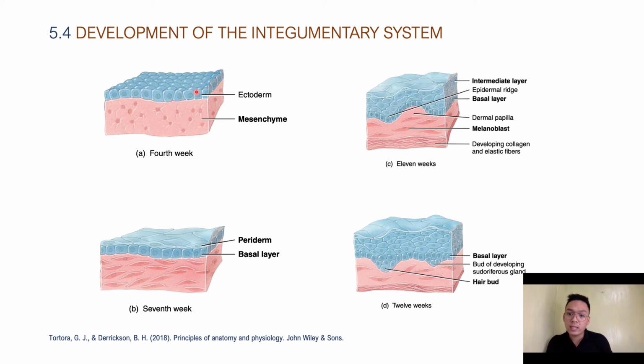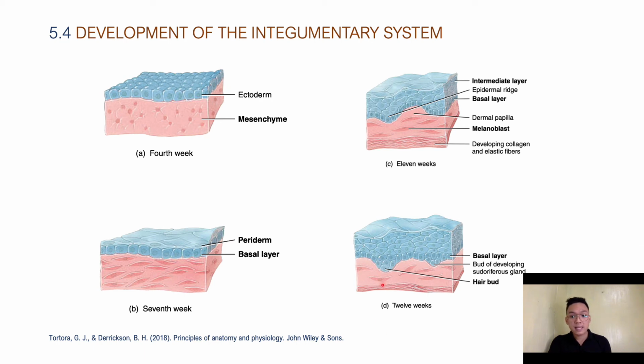Initially, at the 4th week after fertilization, the epidermis consists of only one layer of ectodermal cells. At the beginning of the 7th week, the single layer called the basal layer is formed. It divides and forms a superficial protective layer of flattened cells called the periderm.